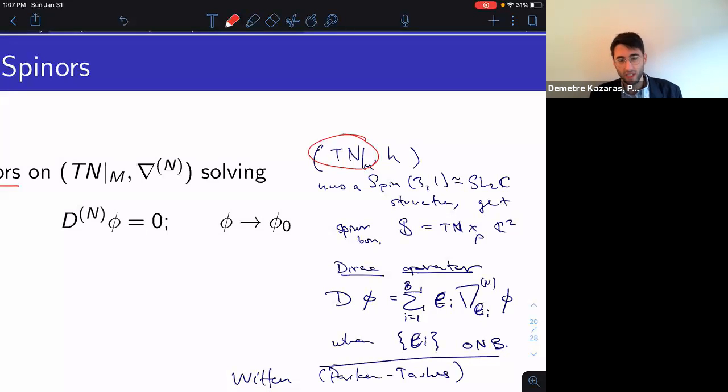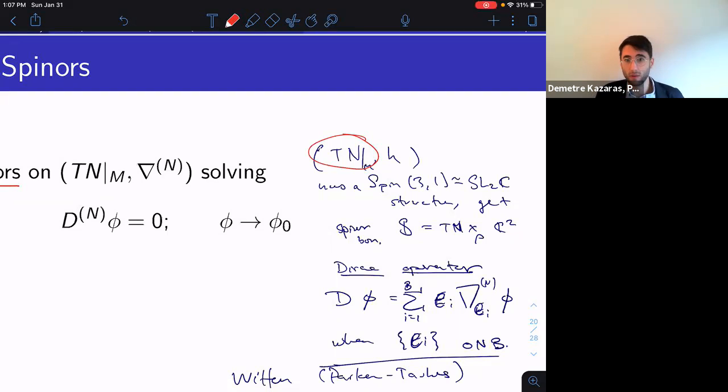These are 2 by 2 invertible linear maps from C^2 to C^2 with unit determinant. SL(2,C) acts on C^2 by matrix multiplication, and so you can consider the product of this tangent bundle with C^2 modulo the action of SL(2,C) on both of these objects.